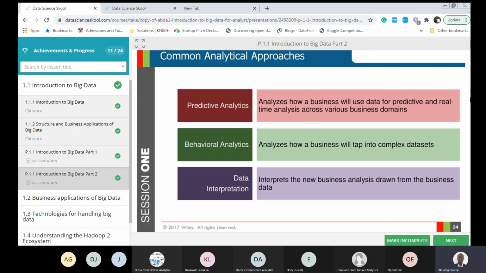So for big data, you may have descriptive analytics, which is looking at data from a historical perspective, what has happened in the past. When your business wants to know what happened to your customers in the past, you want to know the trend, maybe the weather trend in the past.